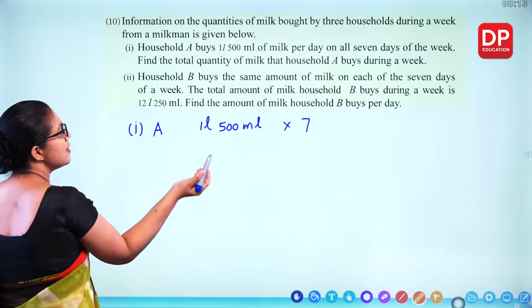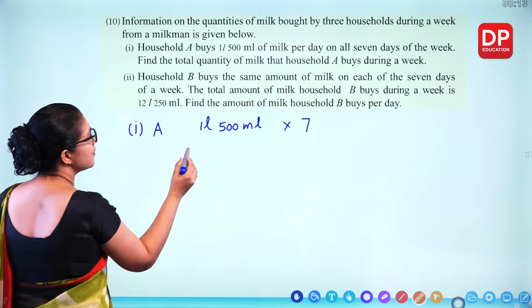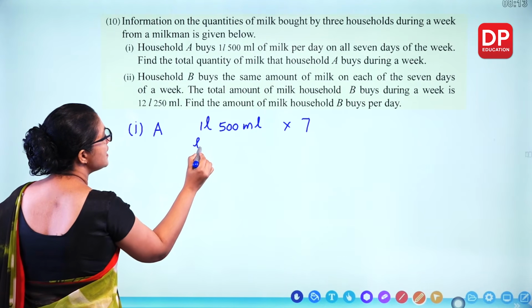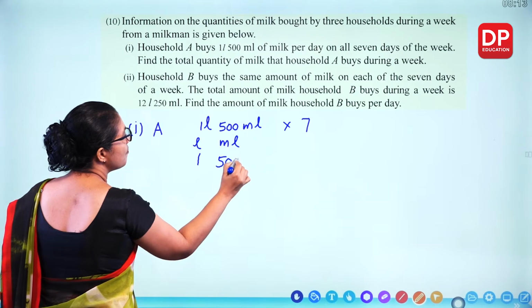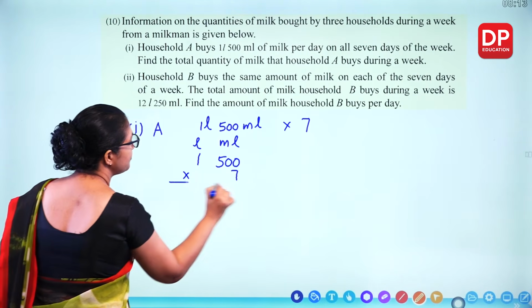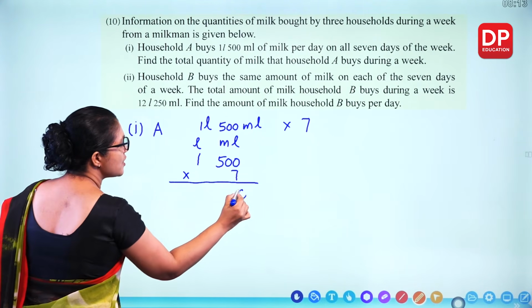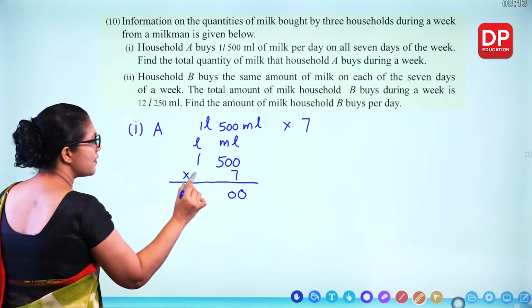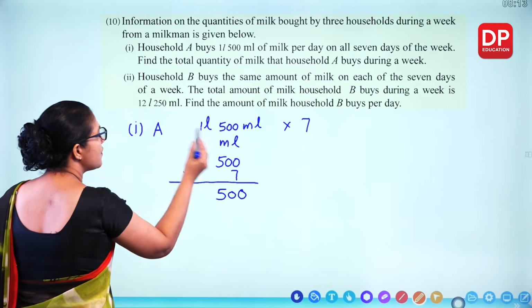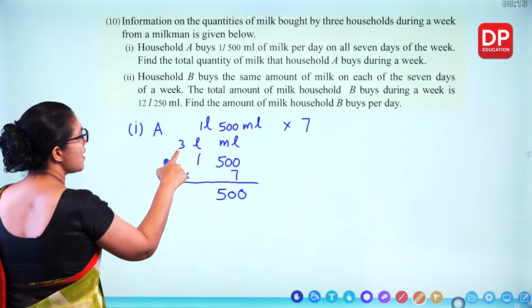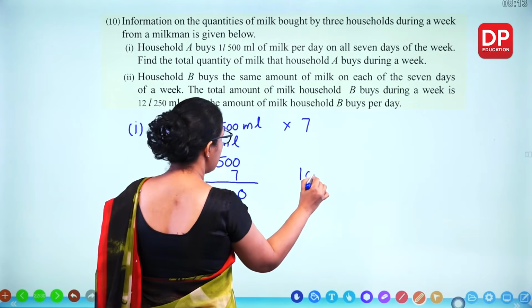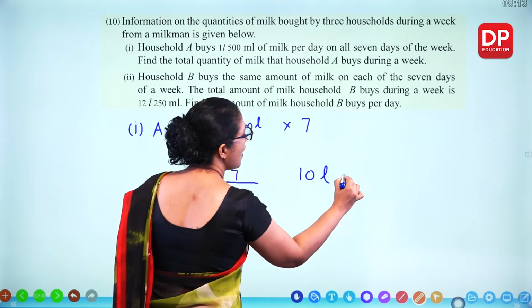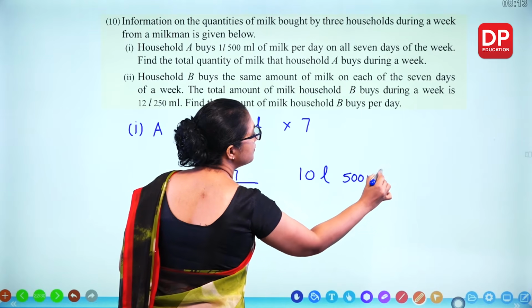That means just multiply by 7. 7 times 0, 0, 0. 7 times 5, 35. Take 3 here. 7 times 1, 7 plus 3, 10. So what's the total? 10 liters and 500 milliliters.